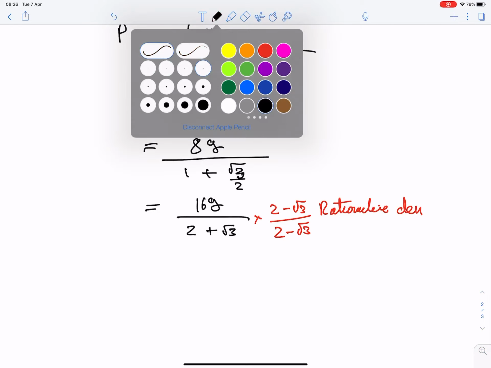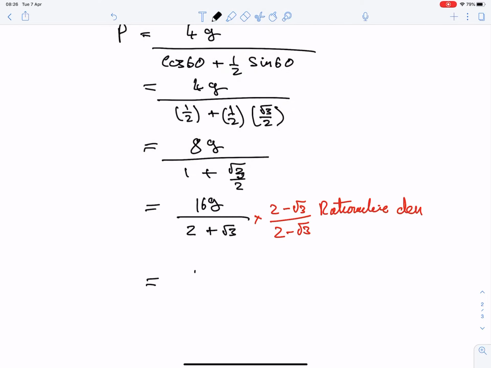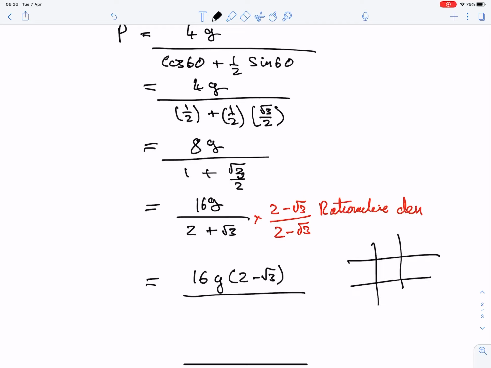So just as a reminder, we'd get 16g times 2 minus root 3 all over, could use our grid at the side, 2 minus root 3, 2 plus root 3: 4 minus 2 root 3, plus 2 root 3, minus 3.